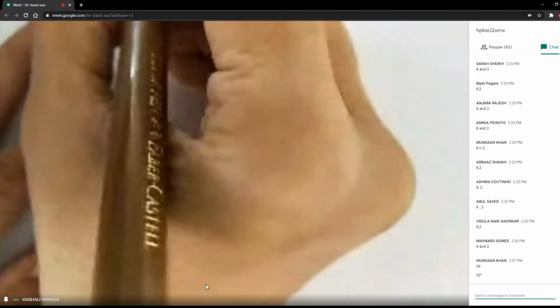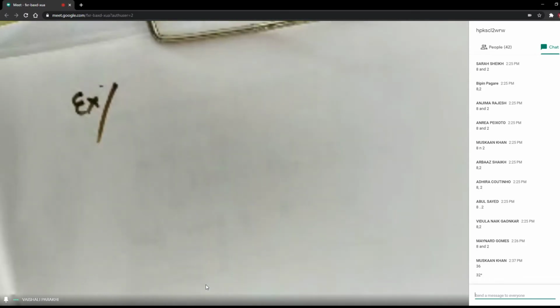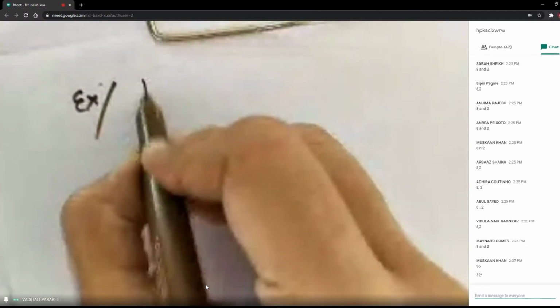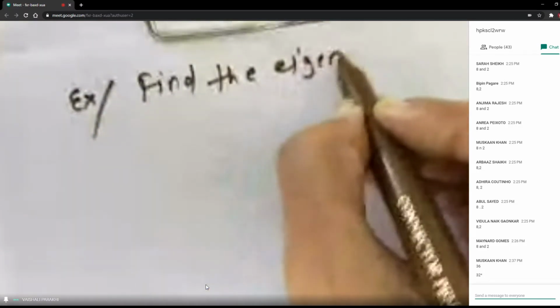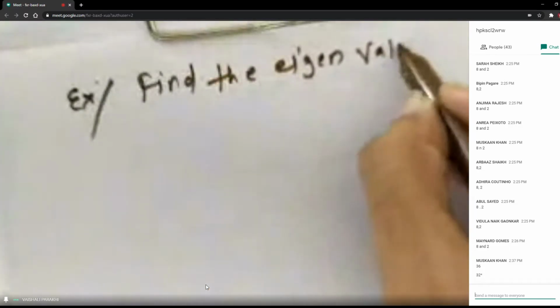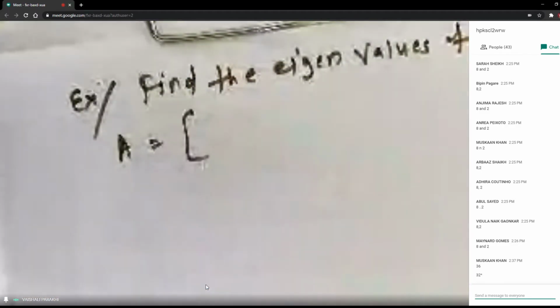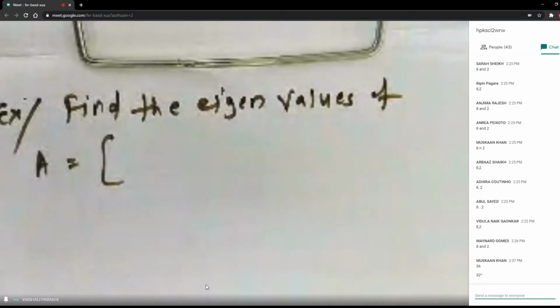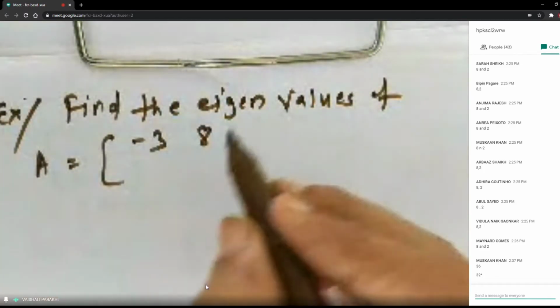Find the eigenvalues of the matrix A equal to minus 3, 8, minus 2, 7.